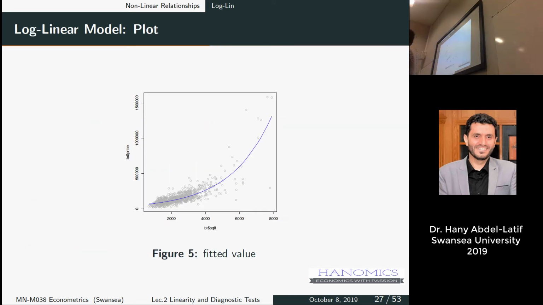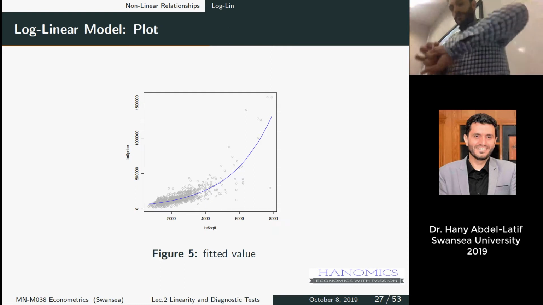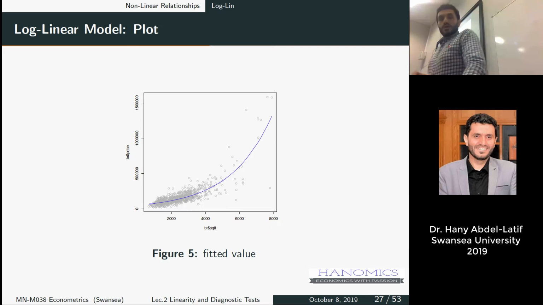How about the other case, if we have the log on the independent variable side?